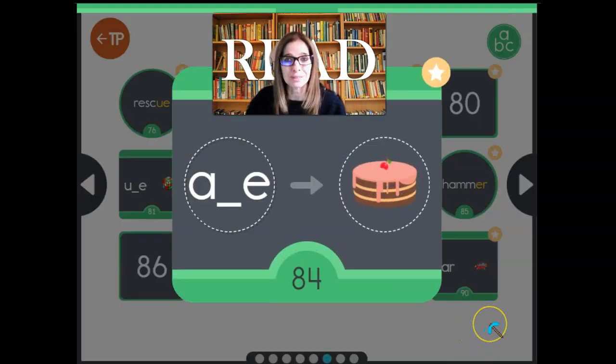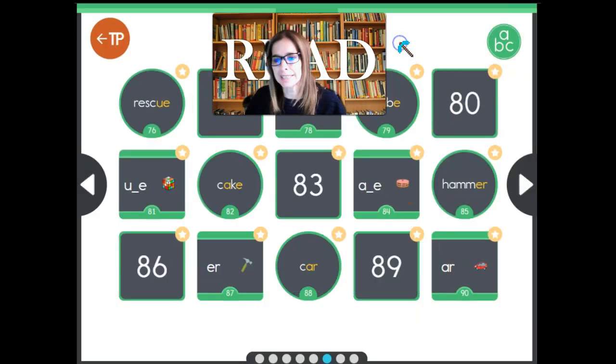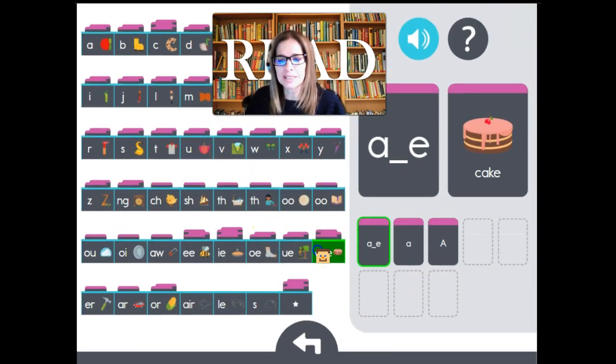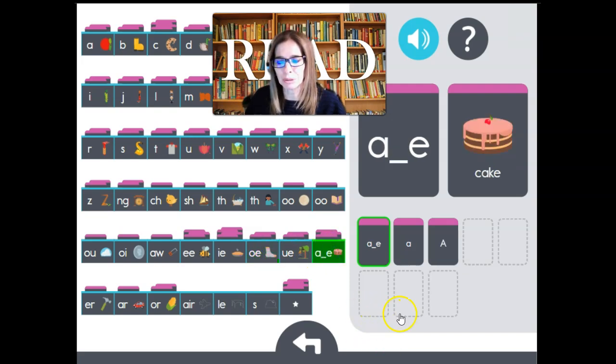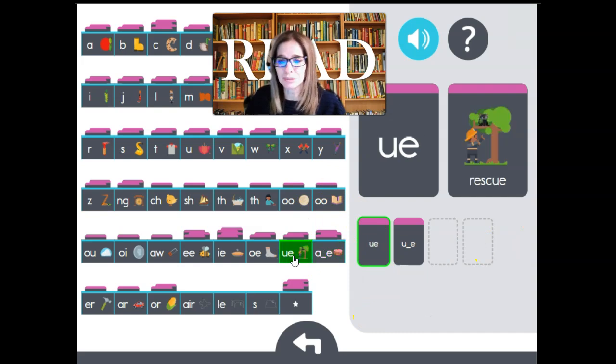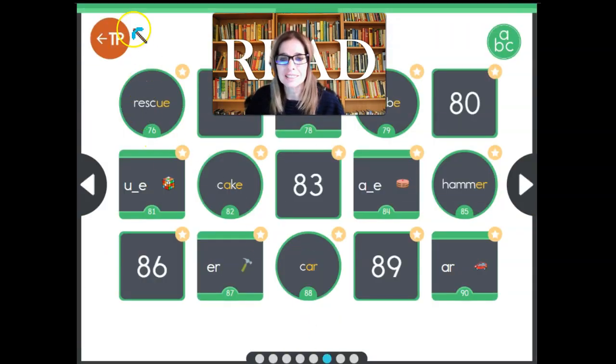We only had one sound for the A today, but we know there's many. So as you practice, remember to use your pocket chart for these sounds if and when you need them. We are going to grow our pocket chart, and really this is review because we've already done these spellings. Well, the spellings for the sounds, right? So have fun. I'll see you tomorrow.